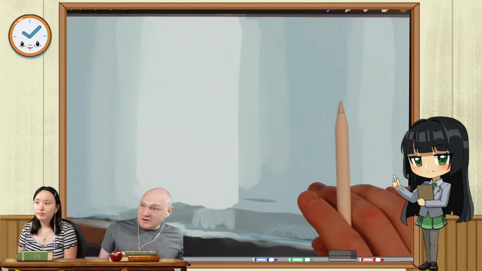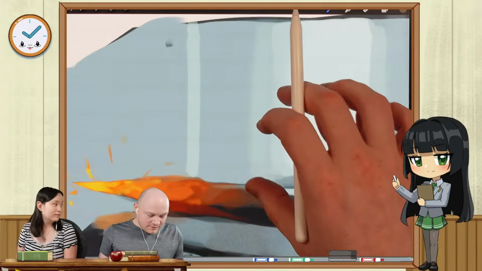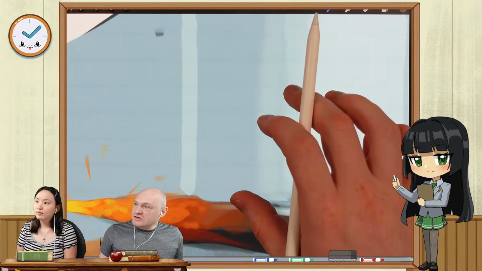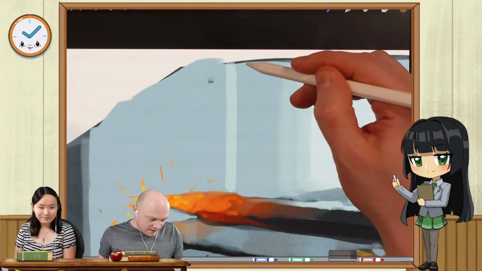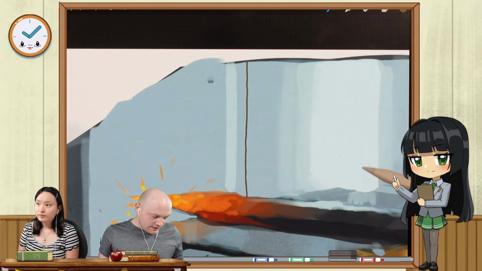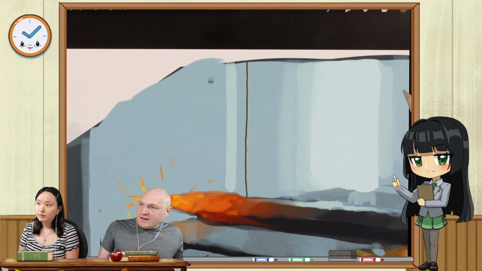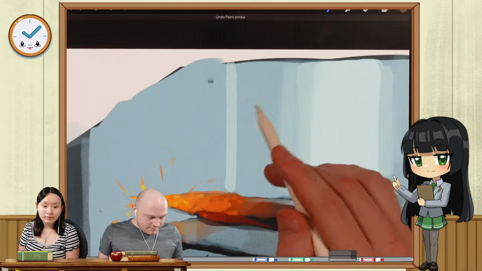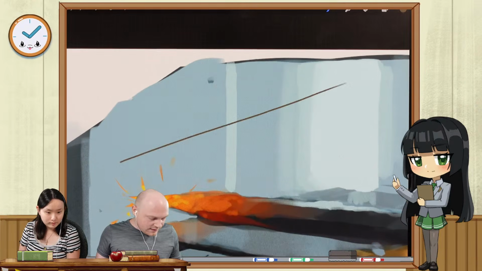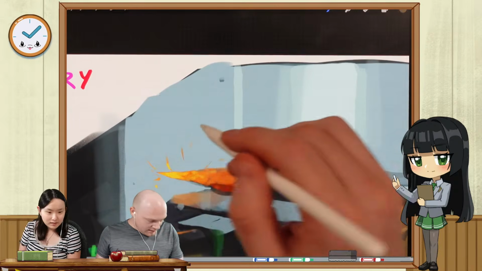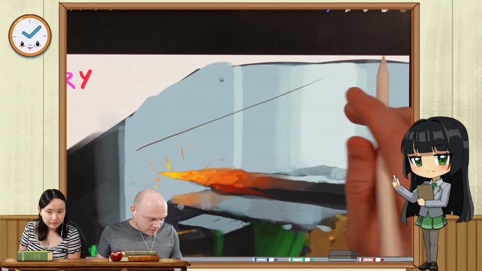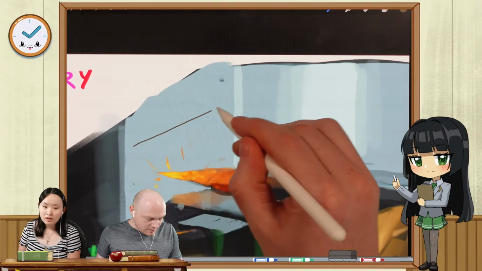I can draw a pretty straight line freehand. They feel straight enough. That's a freehand straight line, and I'm not bracing my arm on anything, so usually it would be better.